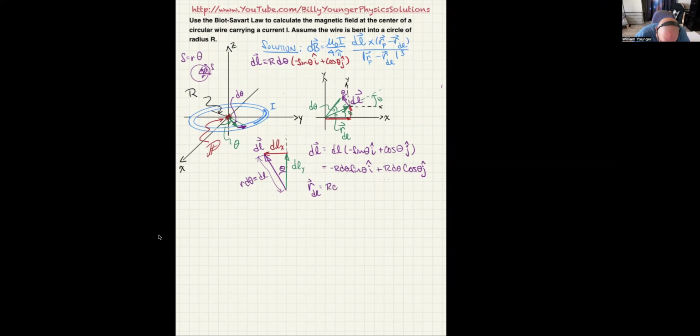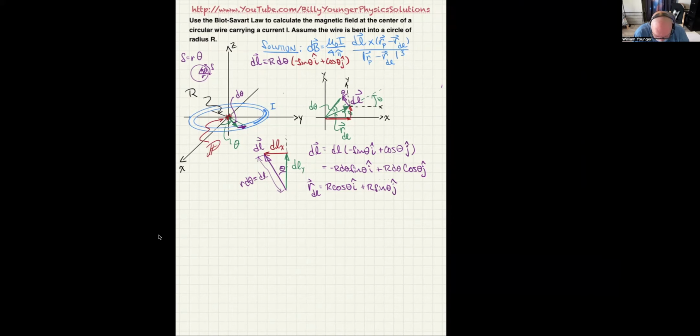So R cosine theta I hat, and the y component is just R sine theta j hat.